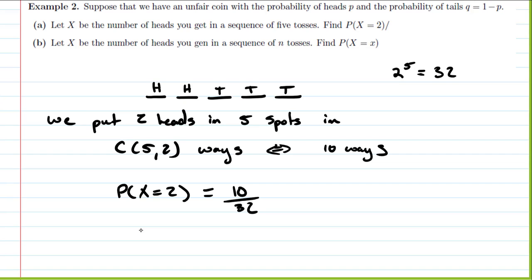So let X be the number of heads you get in a sequence of tosses. Find the probability that X equals little x. Okay, so let's think about this.